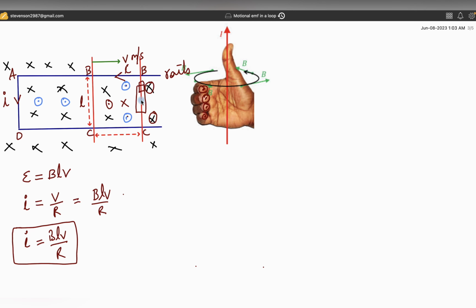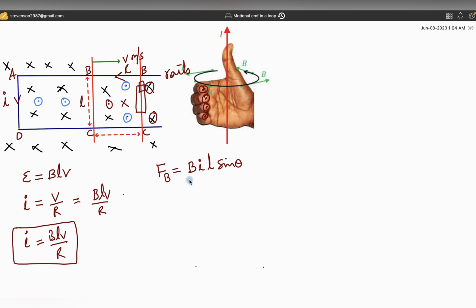So we know that that wire will experience a magnetic force. The force on that wire will be the magnetic field strength times I, the current passing in that wire, and the length of the wire multiplied by sine theta. Here theta is the angle between the magnetic field direction and the length of the wire.